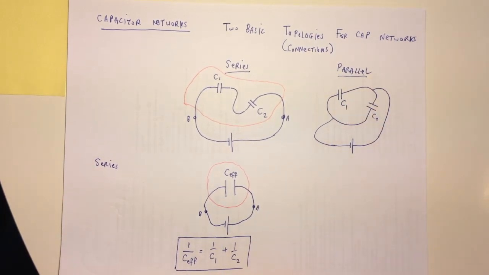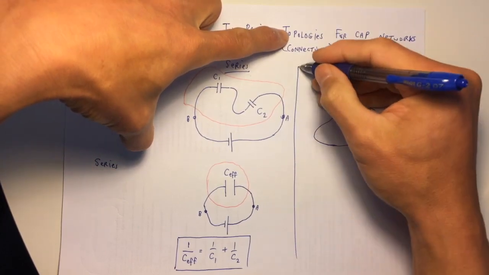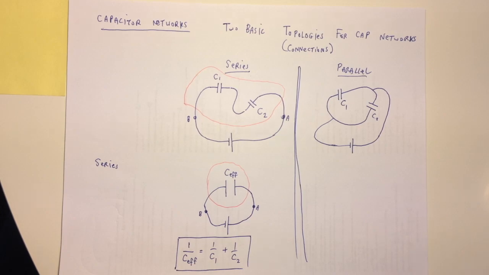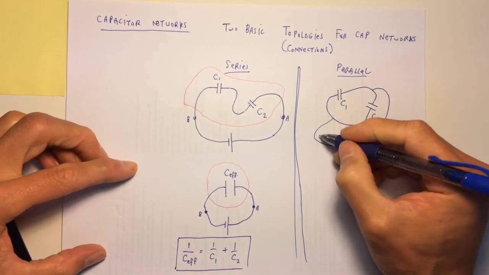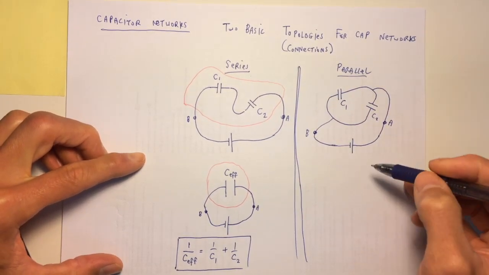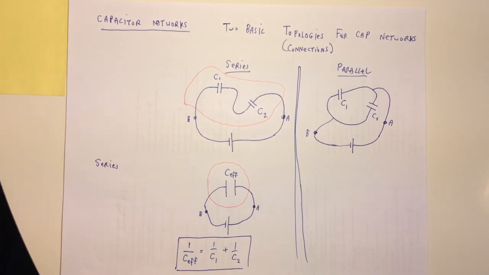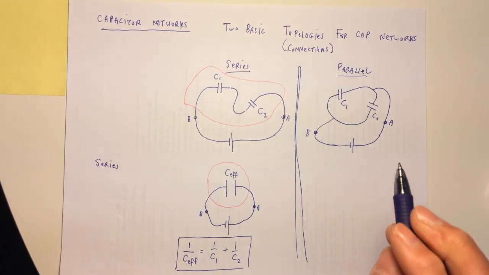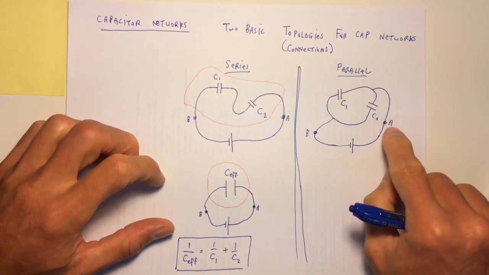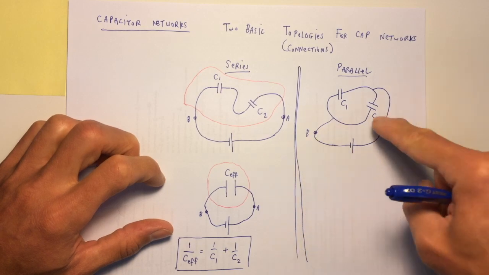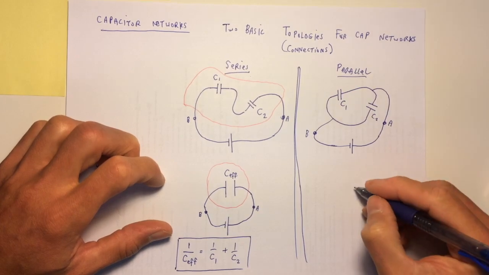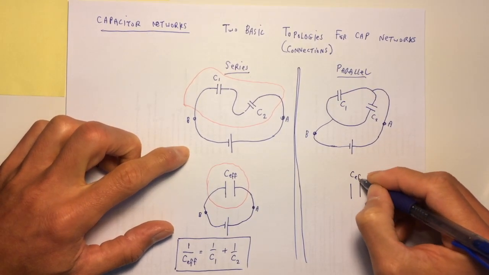In this case right here, instead, let me draw a divider. So we're talking about series here and parallel here. I can talk about a place B and a place A. I would like to understand, in between A and B, these two capacitors connected in parallel as an effective capacitance.